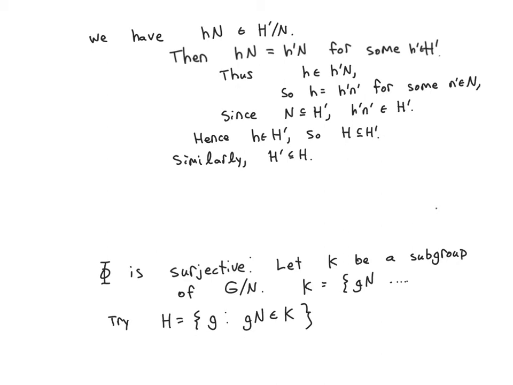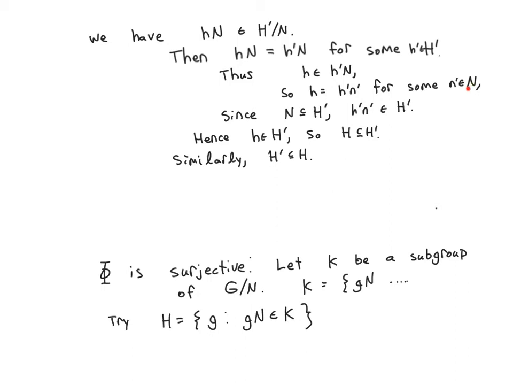By definition of equality of cosets, this means that little h is in the coset h prime N. Hence, we can factor little h as little h prime times little n prime for some little n prime in N.